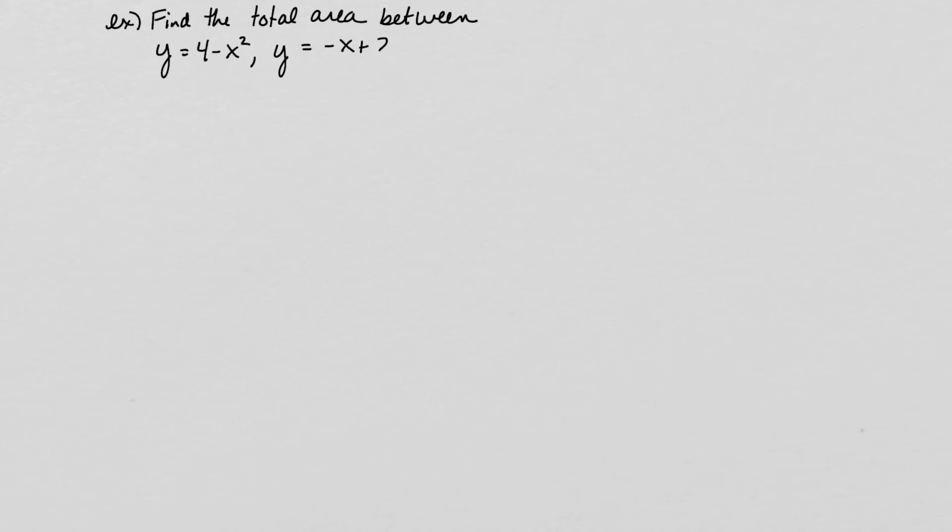So my last one, the problem's a little bit different. It asks to find the total area between y equals 4 minus x squared, y equals minus x plus 2, x equals negative 1, and x equals 3.